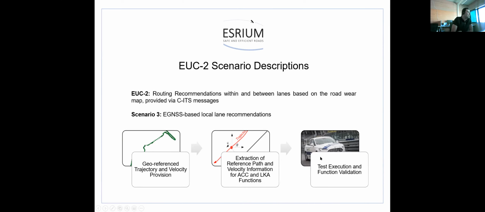This will then be used as a reference for the vehicle to follow. We will actually demonstrate all these use cases, especially the first two, on the motorway on real public roads, which is already designated as the A2 motorway near Graz, Austria. But this one will be tested only on enclosed proving grounds.